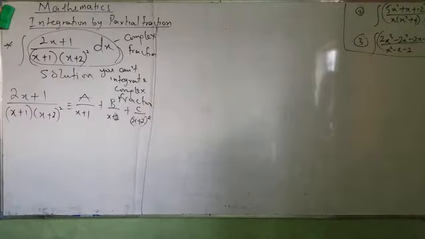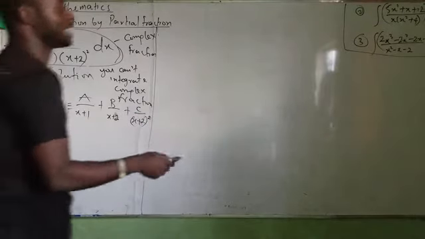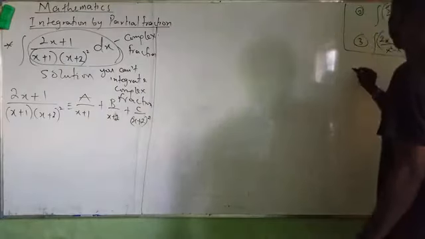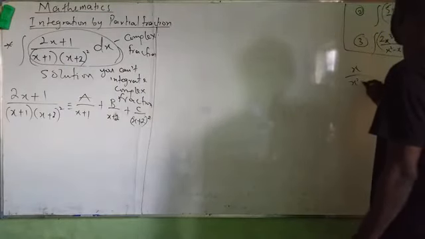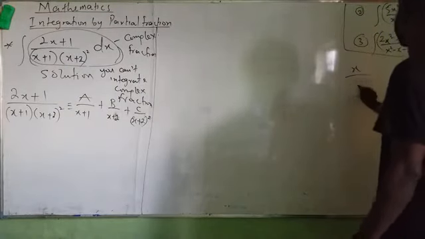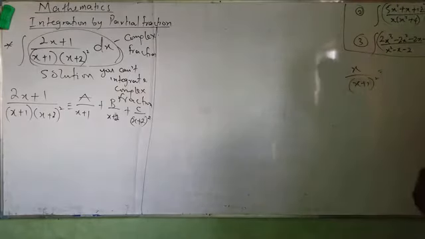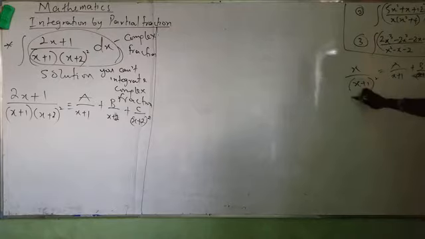I've explained before that when I have something like s all over s squared plus 1, plus s plus 1 squared, what will I do here? I will have a all over s plus 1 plus b all over s plus 1 squared. The power will be repeated.